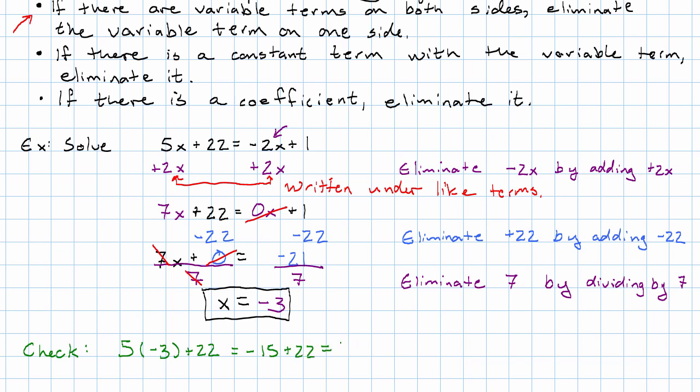Negative 15 plus 22 is positive 7. Negative 2 times negative 3 plus 1. Negative 2 times negative 3 is positive 6. Plus 1 is positive 7. Seeing that those are equal, x equals negative 3 really is my solution.